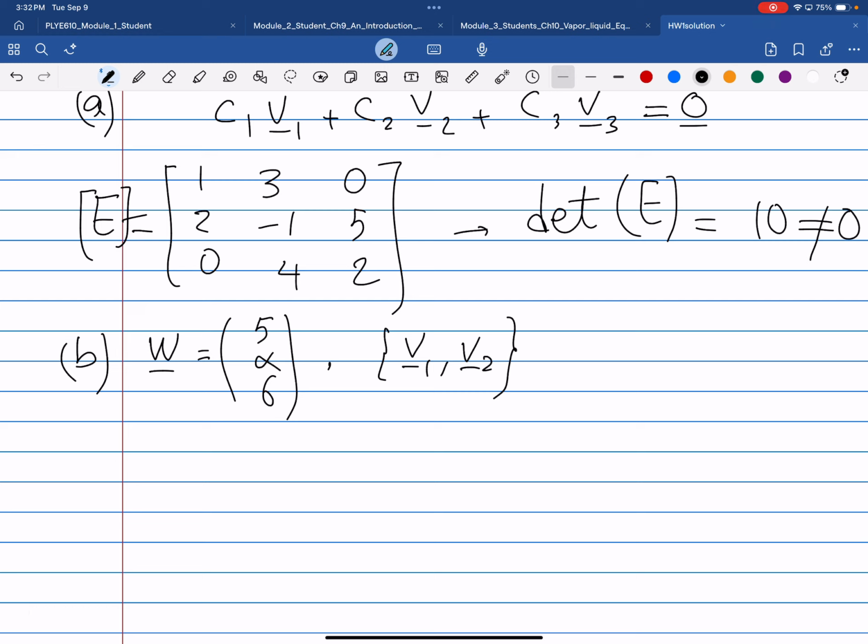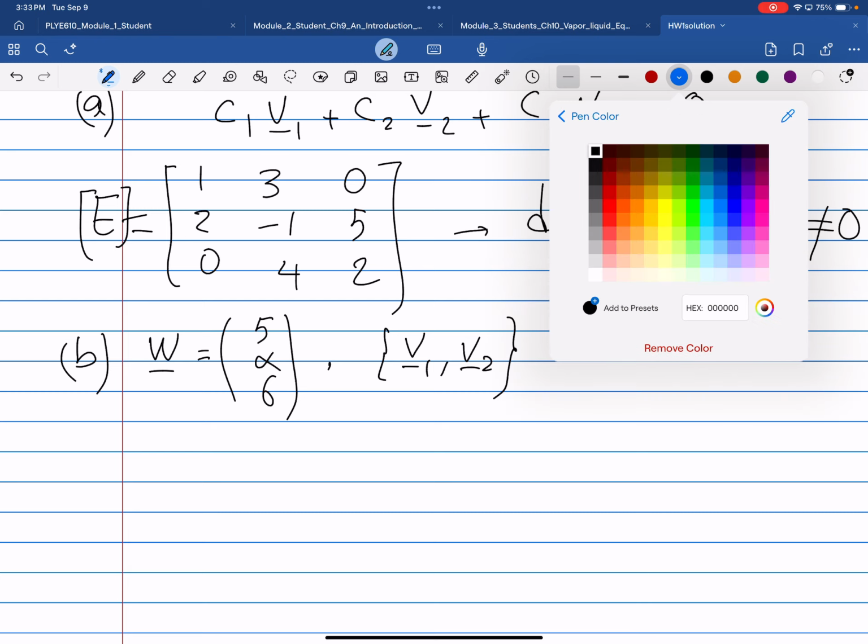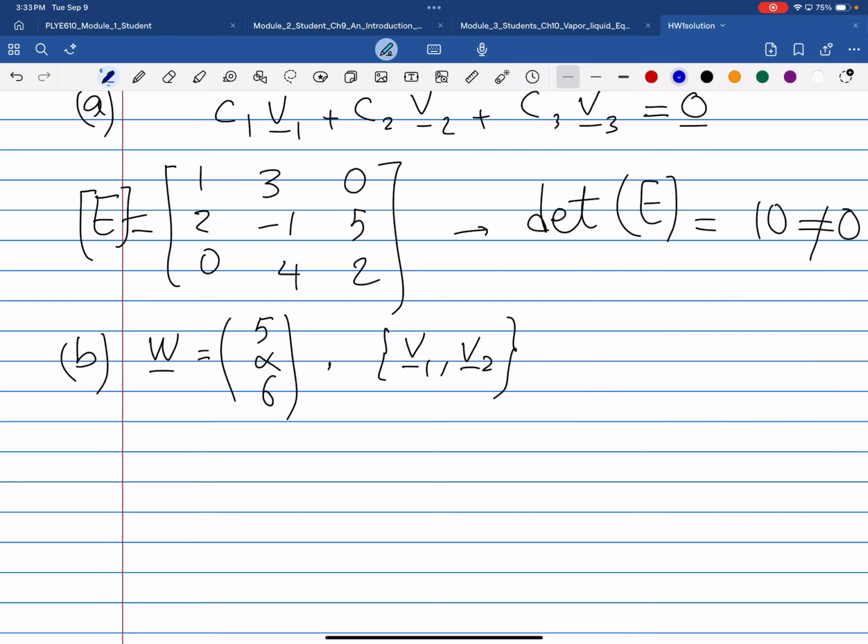What is the requirement of linear dependency? If we take the determinant, it should be equal to 0.